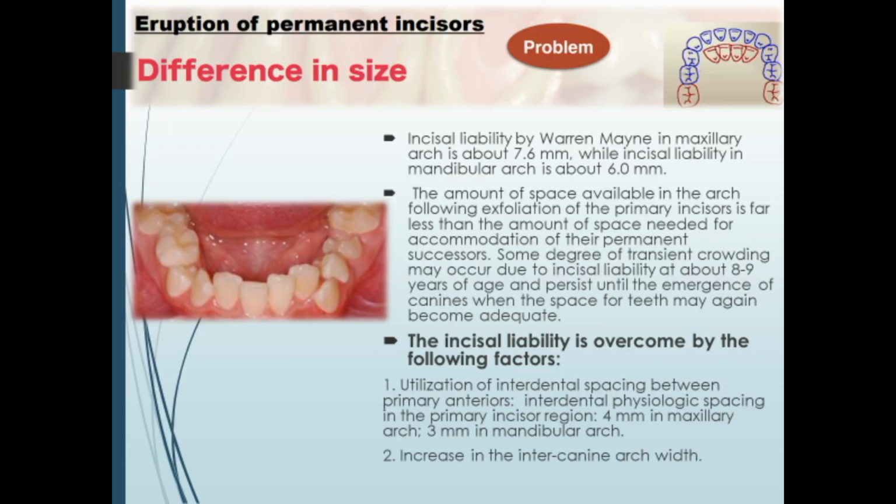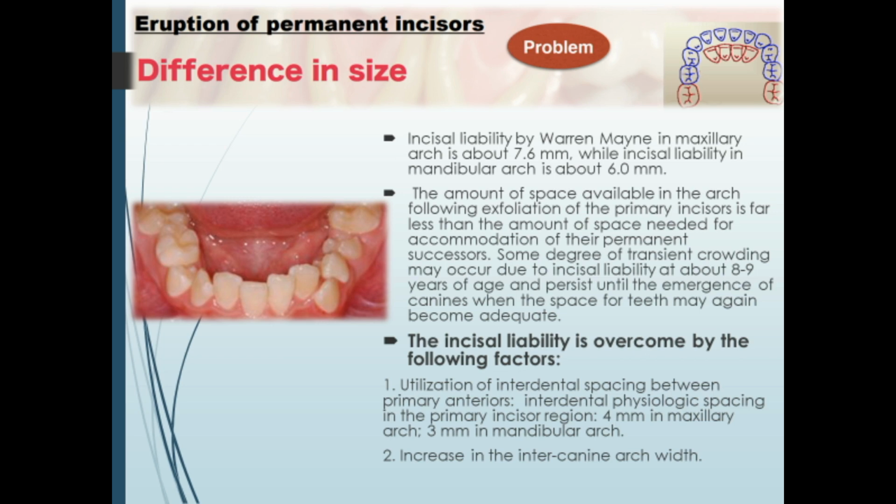Eruption of permanent incisors. Permanent incisors erupt lingual to the primary incisors, and mandibular centrals are often the first to erupt. How the larger permanent incisor teeth are accommodated is described below. Incisal liability.